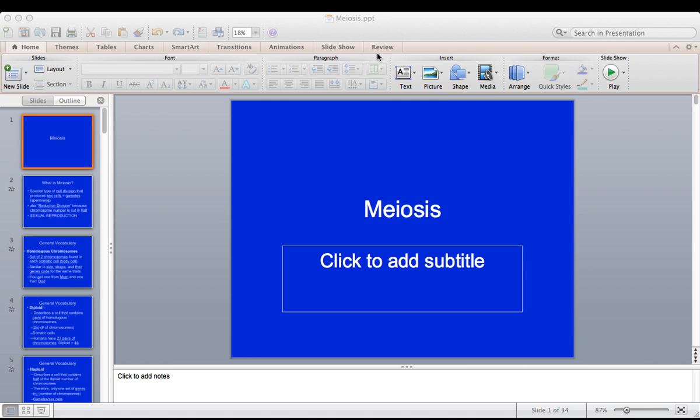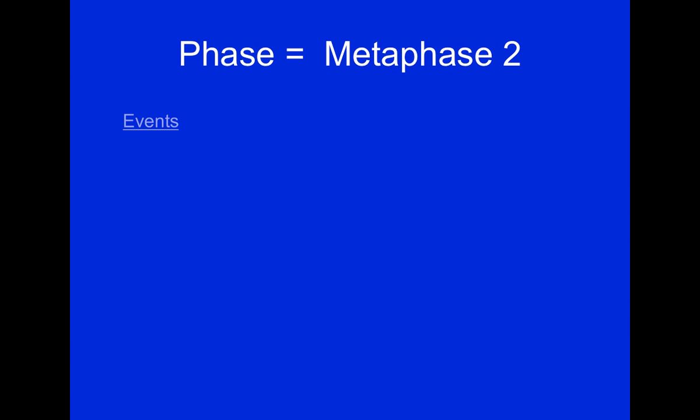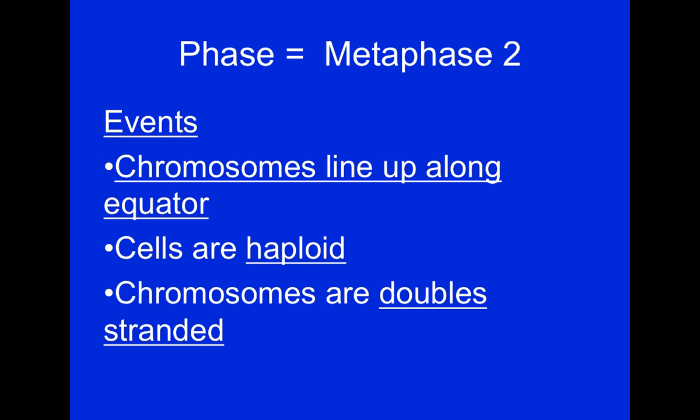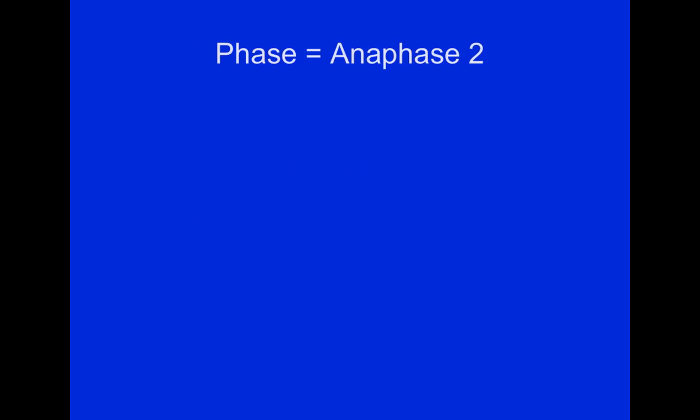All right, in metaphase 2, the chromosomes line up along the equator, and this time they line up so that their centromeres are actually on the equator. The cells are haploid, and the chromosomes are double-stranded. This is what you would see in each cell.